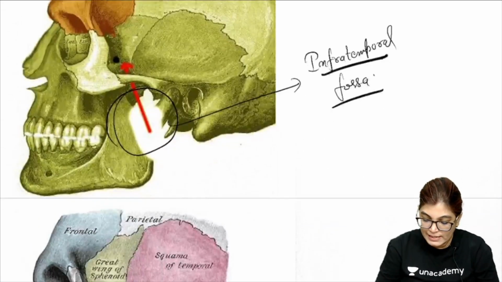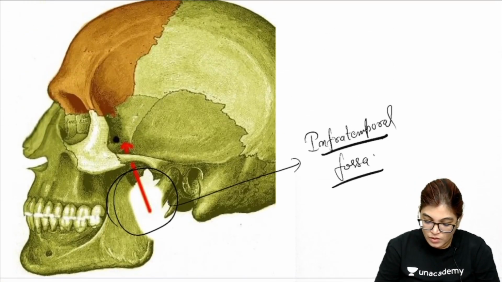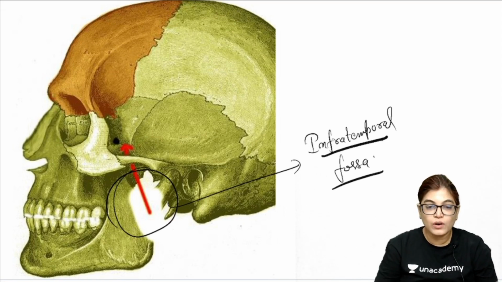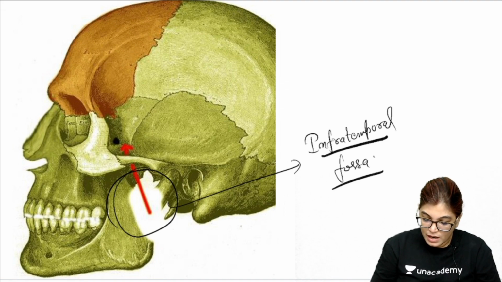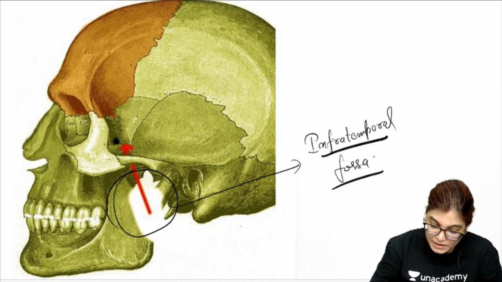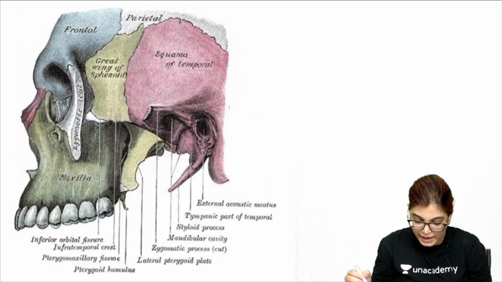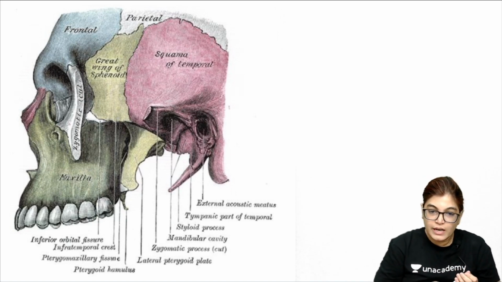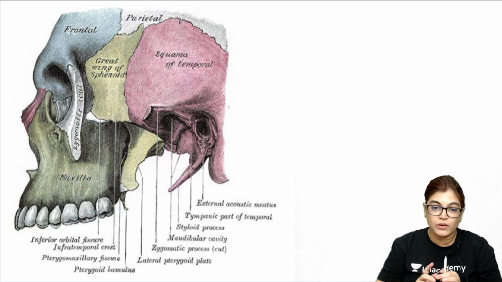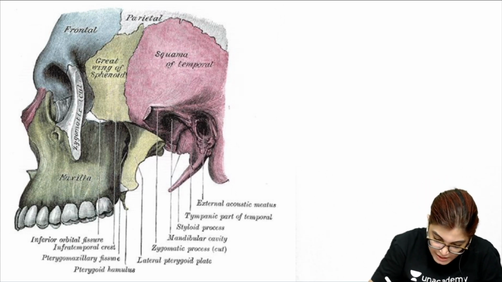Infratemporal fossa. Okay, let's see the boundaries. This diagram is better to understand the boundaries of the infratemporal fossa. Its roof is formed by the infratemporal surface of the greater wing of sphenoid.